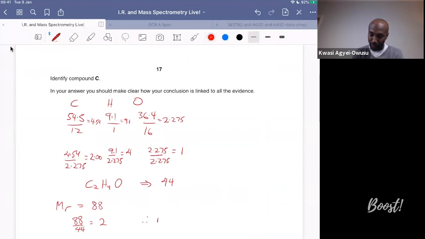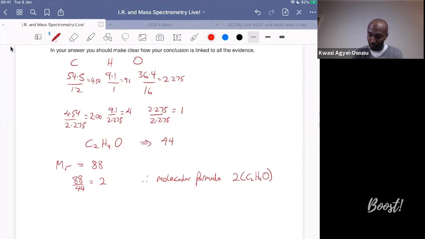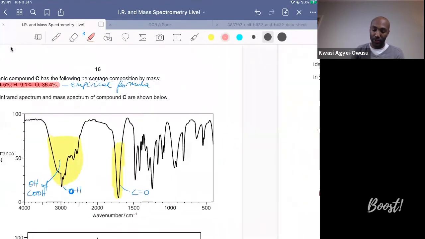Therefore, the molecular formula is going to be 2 times C2H4O, and so we've got C4H8O2. Okay, so that is our molecular formula.